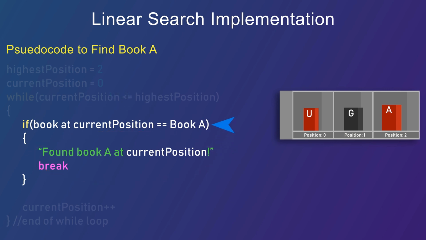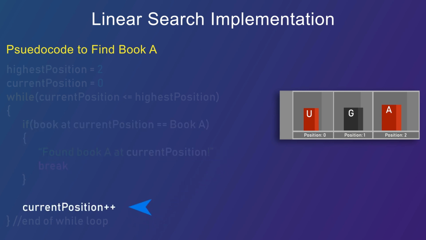In our example, if the book at our current position in the bookshelf is equal to book A, go inside, say we found book A, and then break out of the loop. Finally, at the very bottom, we have our current position variable with 2 plus signs at the end of it. The 2 plus signs basically increases our current position by 1. So, in plain English, every time we reach the bottom of the loop without finding the book we were looking for, move 1 position up in our bookshelf.